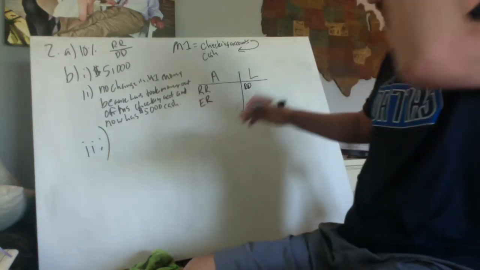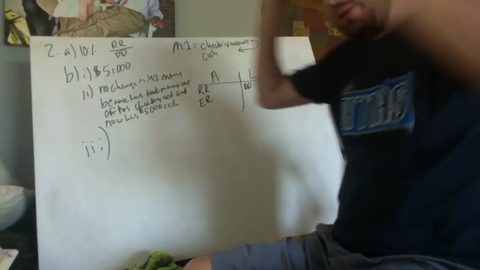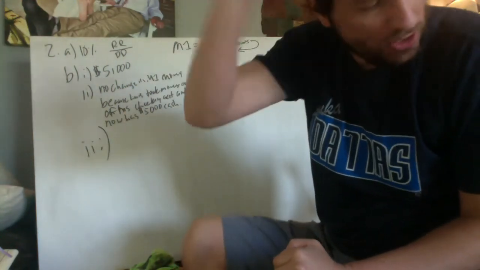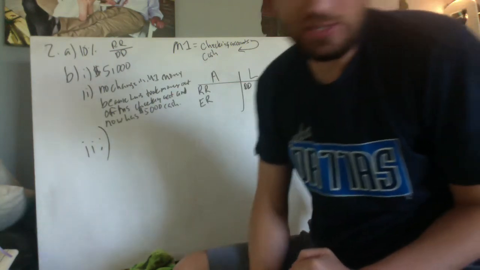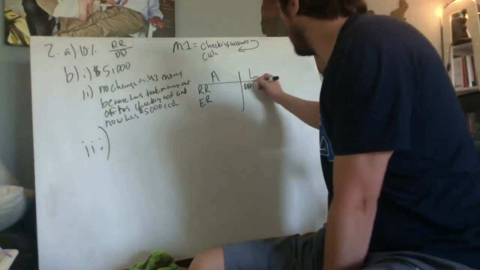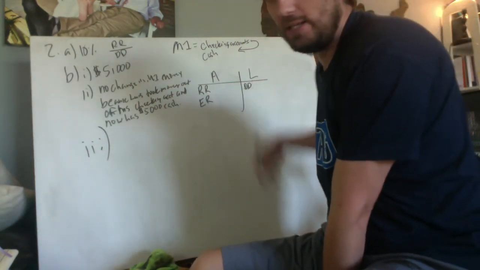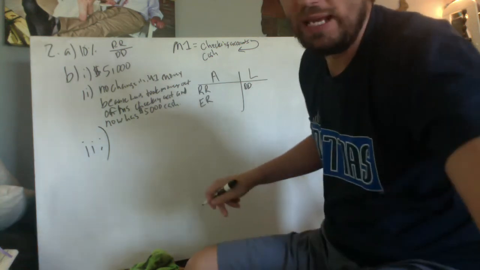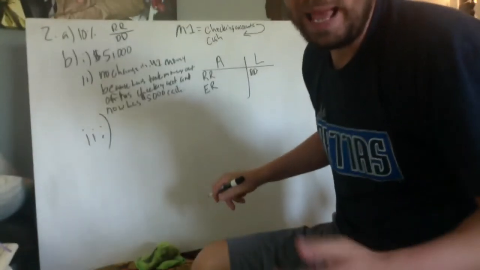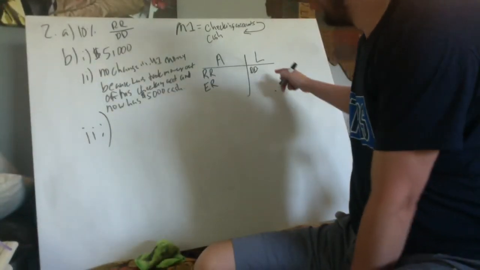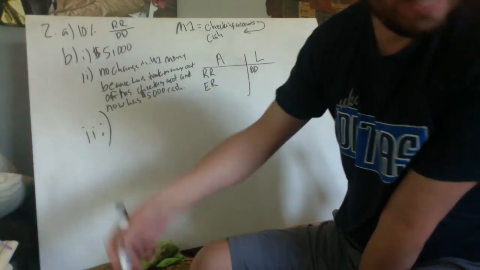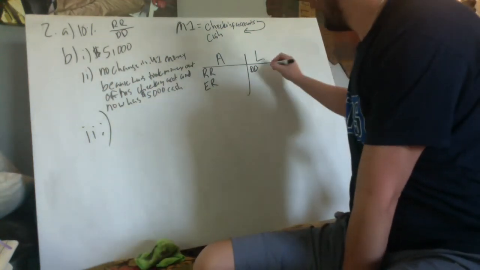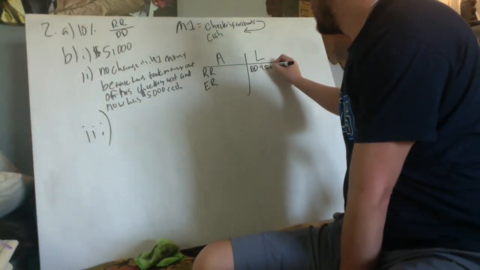Mr. Luis, he took out $5,000. So we know that he took out $5,000 in demand deposits. There was 100,000 in demand deposits. We subtract 5,000 from that, and that's 95,000.